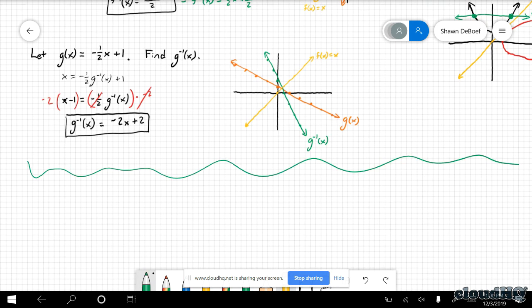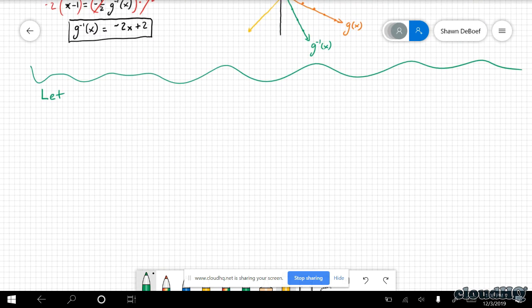So let me give two functions. Let f of x equal x minus 7, and g of x equal x plus 7.